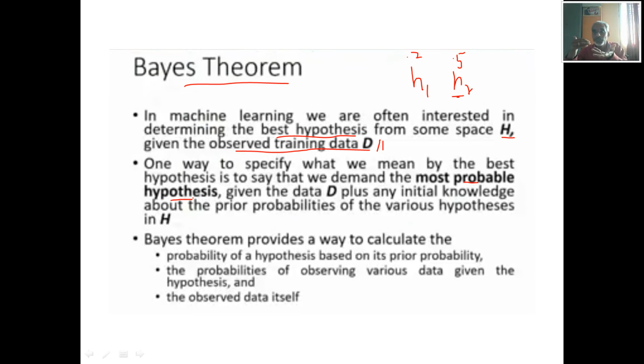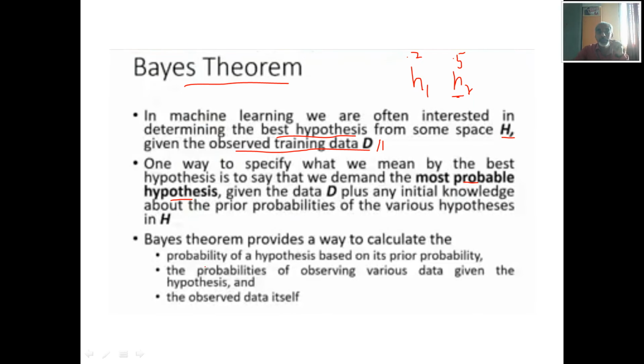Given the data D, the training examples, when you take a new instance, that new instance should be consistent with that particular hypothesis. That can be done by having some initial knowledge about the prior probability of various hypotheses. So you should have some initial knowledge of the prior probabilities.